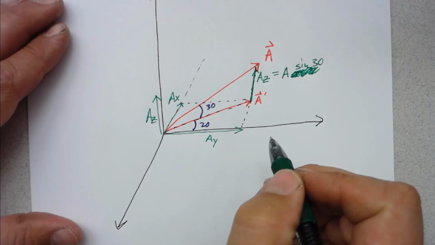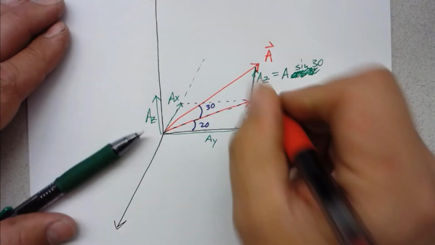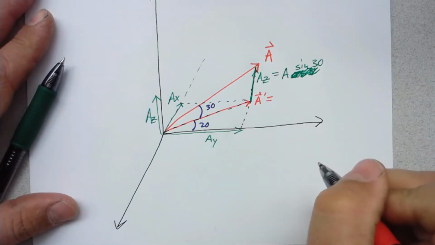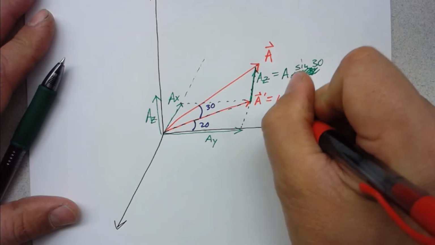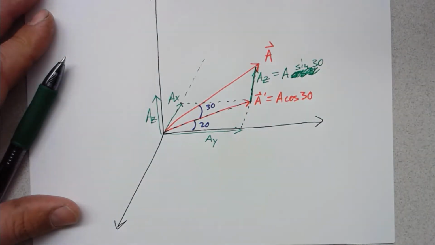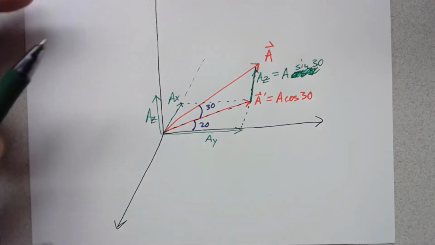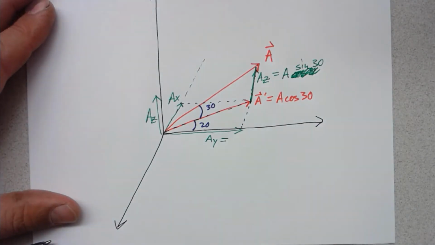All right, so that's A sub z. What do I get for A prime? How do I find A prime? Cosine 30. A cosine 30. All right. And then how would I find A sub y? Say that again, Max.